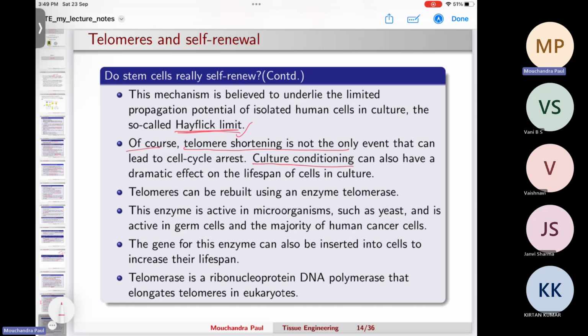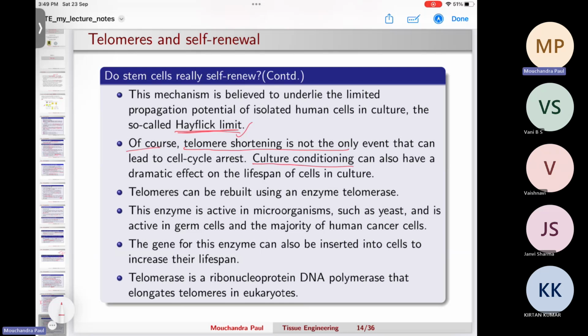We discussed when we were talking about tissue culture that there are continuous cell lines that continuously grow for more than 50 doublings, because the culture conditions they were grown in helped them surpass this limitation. Whereas if the culture condition is not appropriate, then the cell will start dying even if 50 doublings have not been reached.